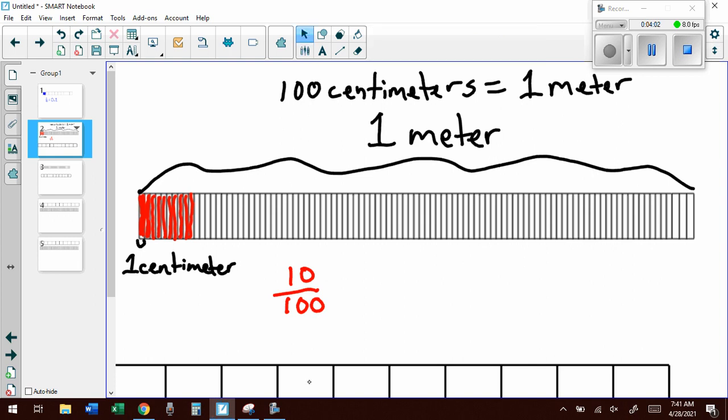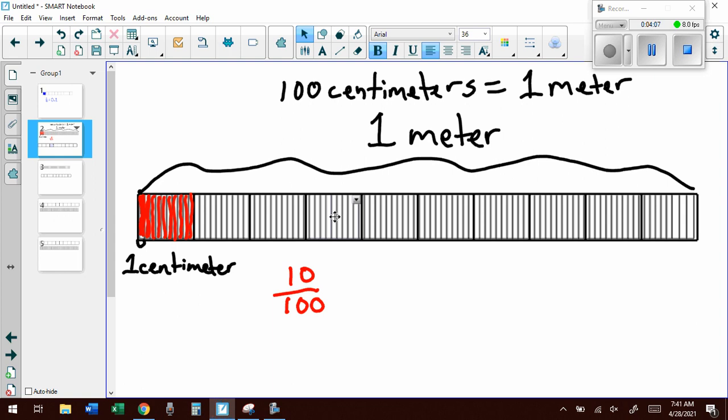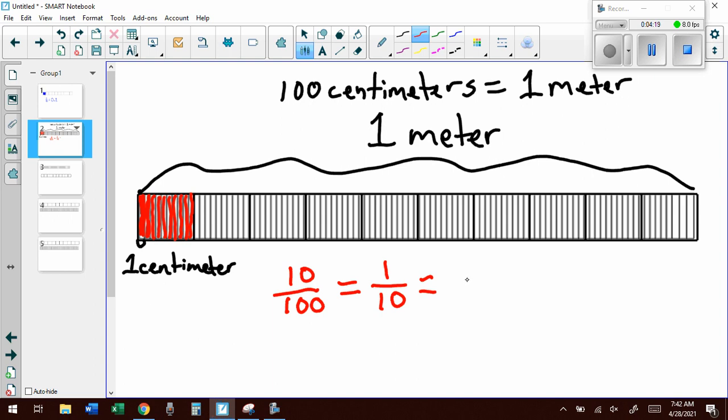And if we drag this back up, I have shaded in 1/10. And to show that in decimal form, I have shaded in 0 ones and 1/10. Not too bad.